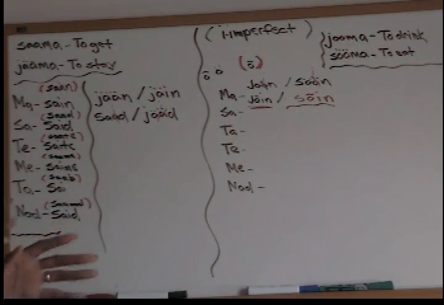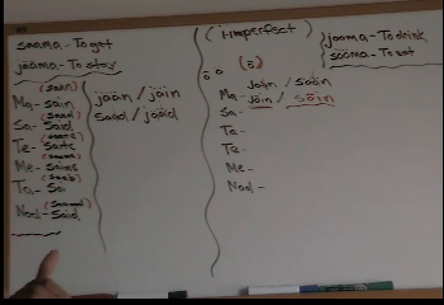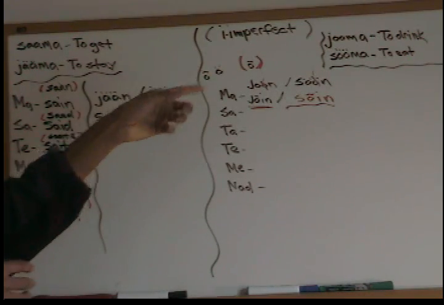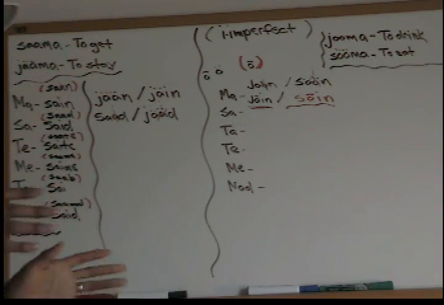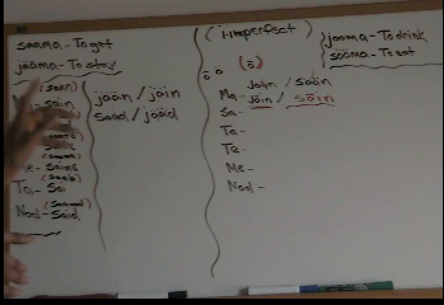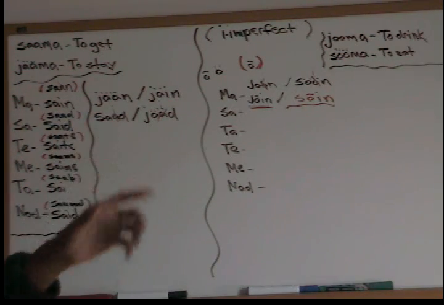Just get those out of the way. Find a pattern or something to memorize those 15 verbs. As long as you memorize those 15 verbs, and you remember the other rule, which is that the imperfect takes the I, then you're all good to go. You should be able to take any verb and turn it into the imperfect, no matter what verb it is, as long as you understand the I imperfect verbs.